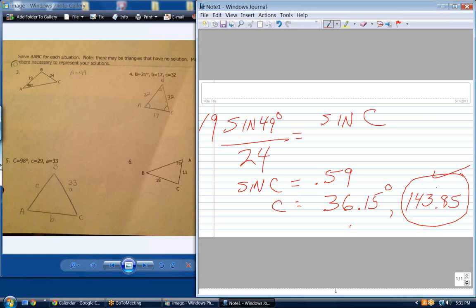Now we add this to the only known angle that we have in the triangle, which is 49 degrees. And because it is greater than 180, this is not a possible solution, and the only solution is the one we just came up with.